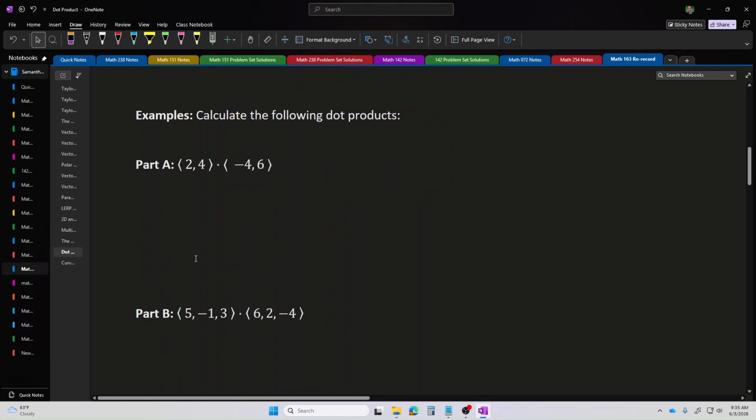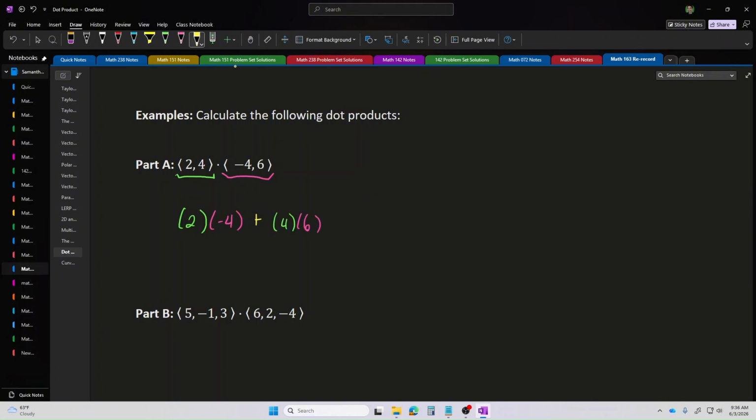For example, here I'm asked to calculate the dot product between the vector 2, 4 and the vector -4, 6. So I'll take the x component of the first vector, 2, and multiply it by the x component of the second vector, -4. And then I'll combine that with the y component of the first vector, 4, times the y component of the second vector, 6.